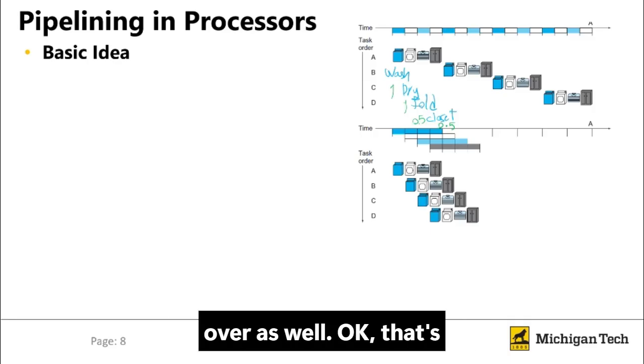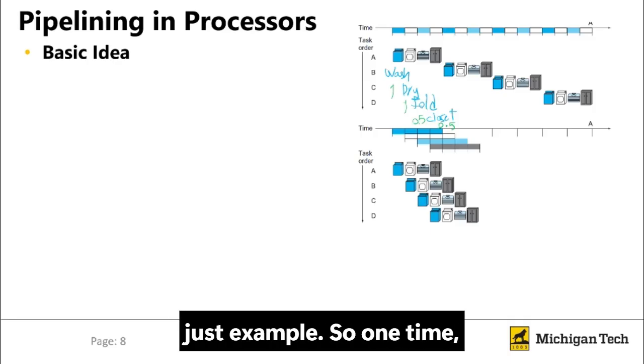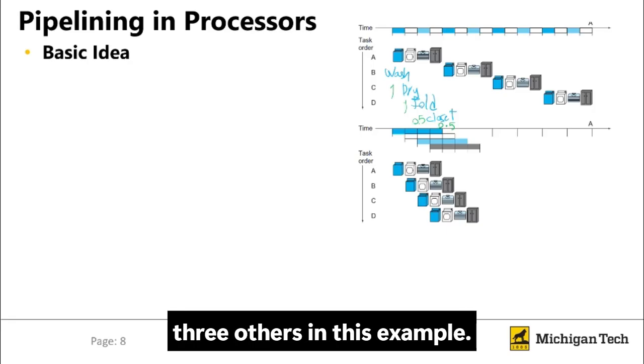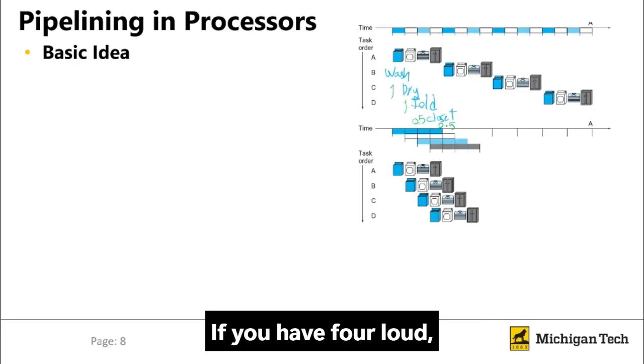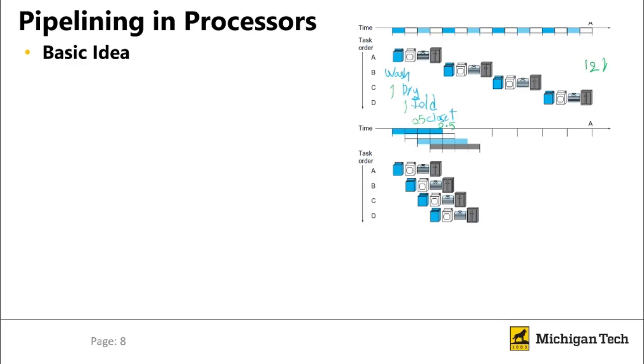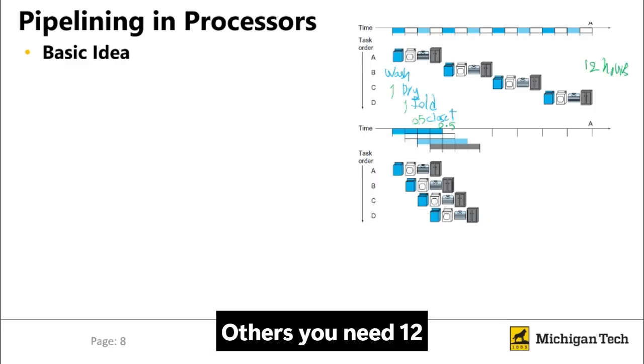That's just an example. So 1 load of laundry needs 3 hours. If you have 4 loads, it's going to be 12 hours overall, a long time, to finish these 4 loads.